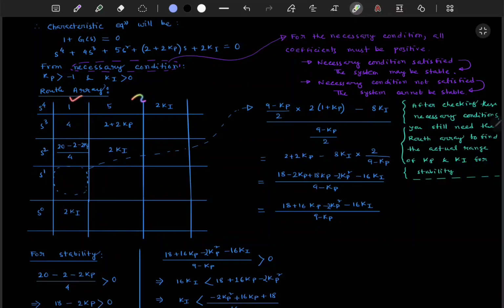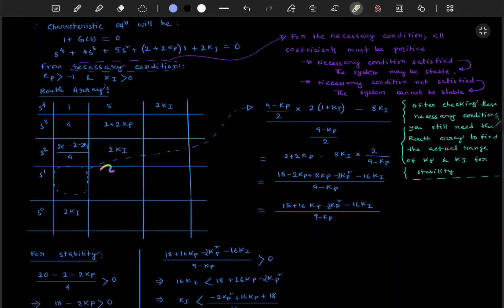So here 1, 5, and this one, then s cube, this is 4, and this term we are writing. Now here, these two multiplication, then minus these two multiplication, divided by this. Similarly here these two multiplication, then this 2, here 0 is there, so divided by this, then it will come this. So the same thing will carry on.